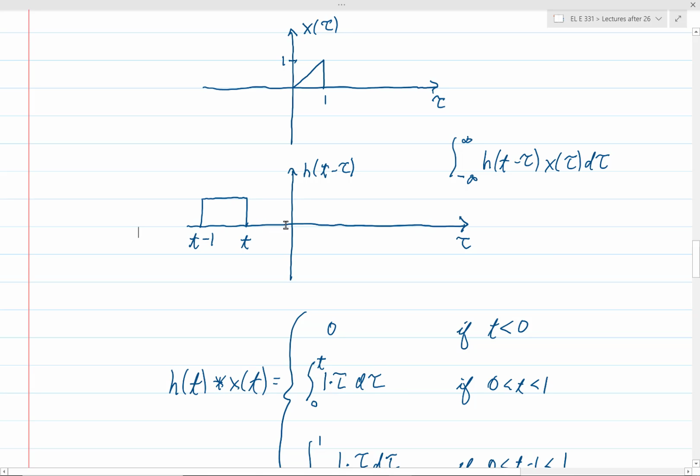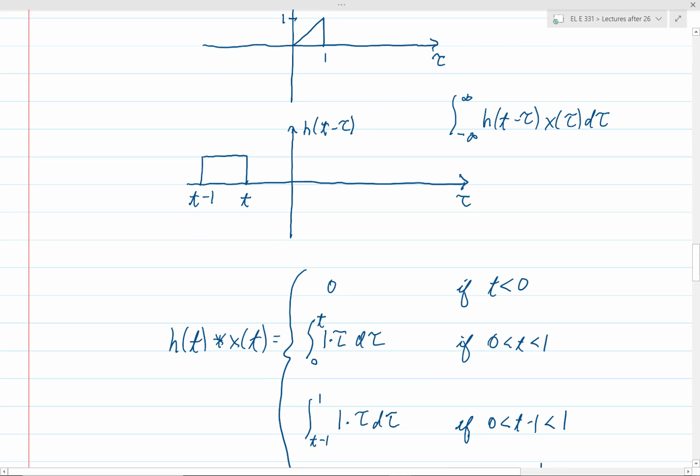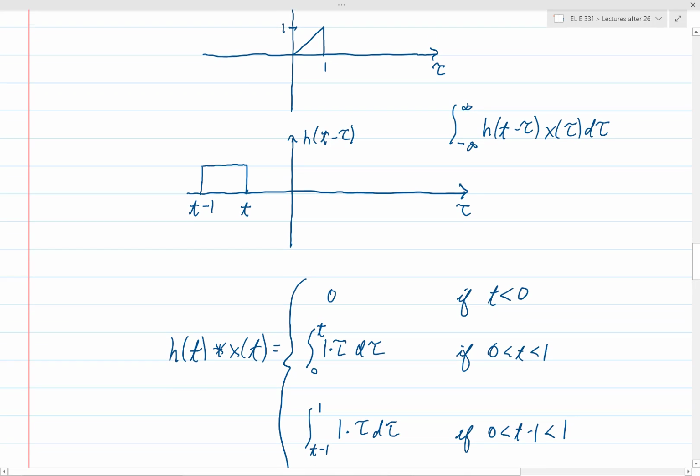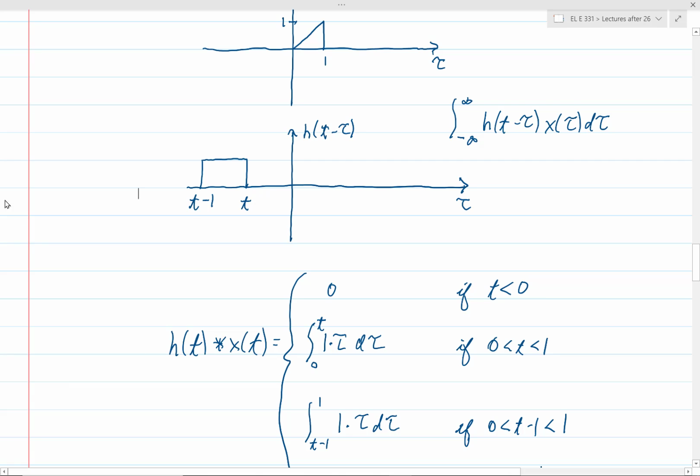Now, as t continues to increase, it will eventually pass 1, and at the moment when t passes 1, this trailing edge, t minus 1, will enter the range here, between 0 and 1. So the next case we look at is if t minus 1 is between 0 and 1. And then we want to integrate from this back edge to 1.